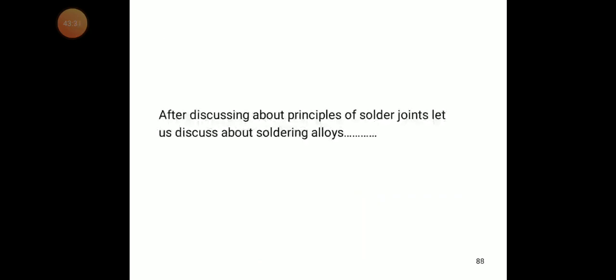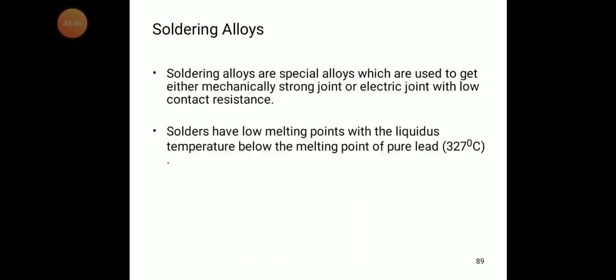After discussing the principle of solder joints, let us discuss the soldering alloys. What are the different soldering alloys? Soldering alloys are special alloys which are used to get either a mechanically strong joint or an electrical joint with low contact resistance.